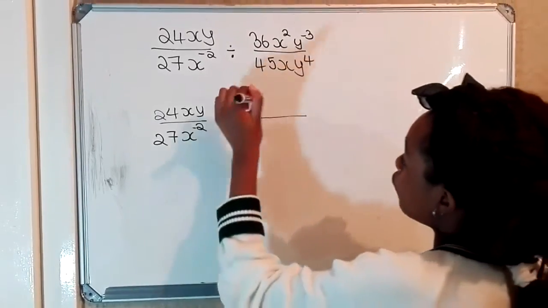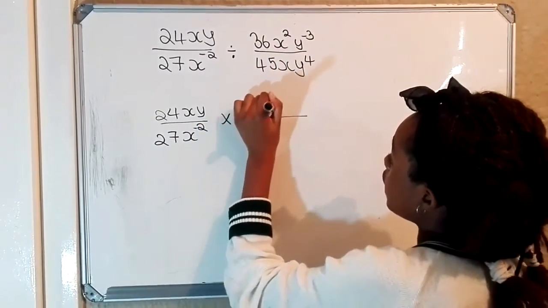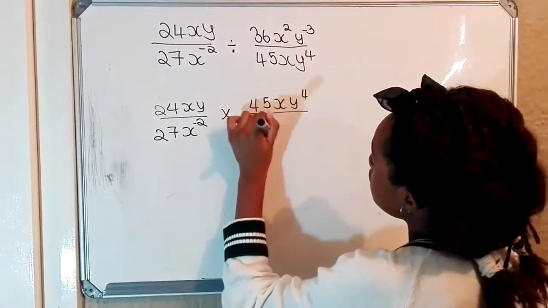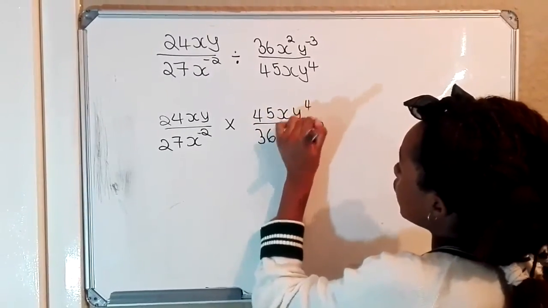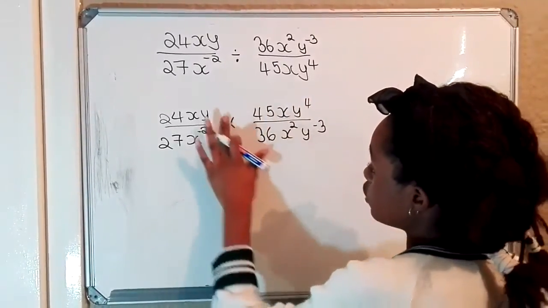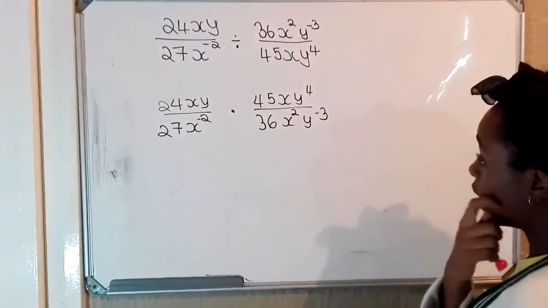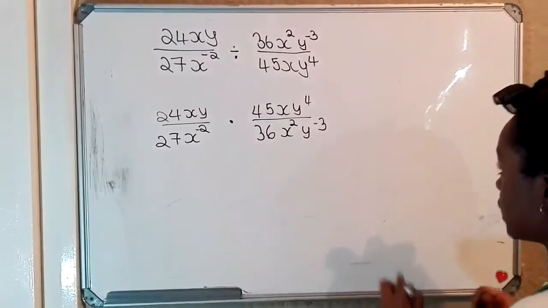So we'll have 45xy^4 on top, and we have 36x^2 y^-3. Okay, so now we have multiplication. I'll just put this as a dot. Now we can multiply top and bottom, and we can do the normal things that we do.